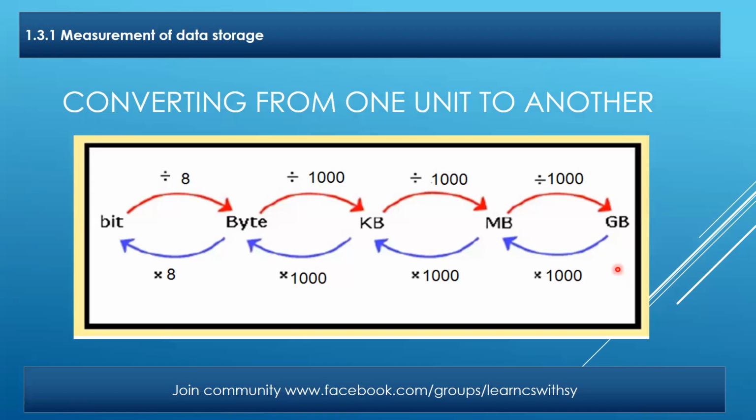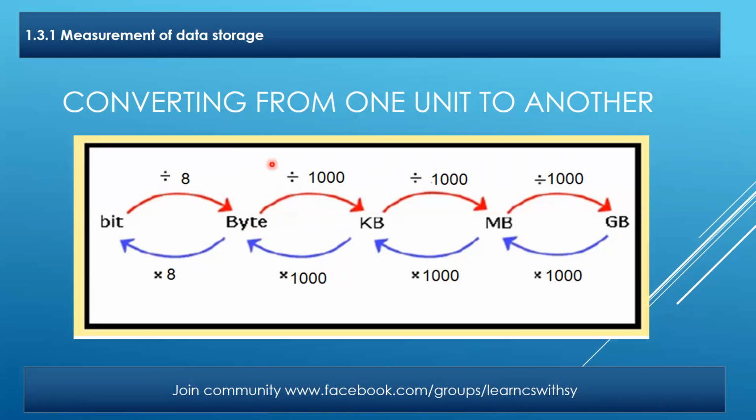Okay, on the contrary, if you are moving from gigabytes to megabytes, you'll be multiplying by 1000. From megabytes to kilobytes, it will be multiplied once again by 1000. From kilobytes to bytes, you'll again be multiplying by 1000. And if you're moving from bytes to bits, you'll be multiplying by 8.